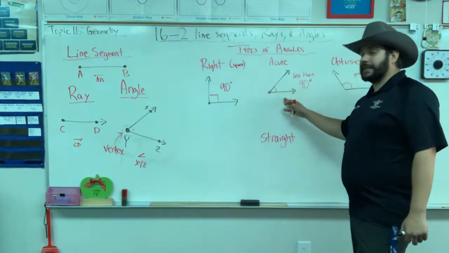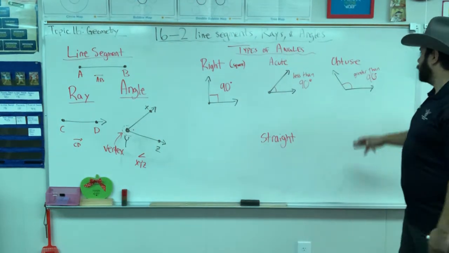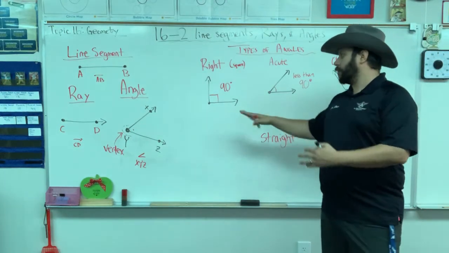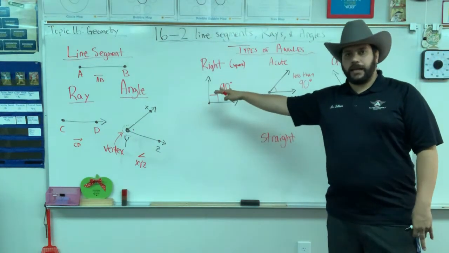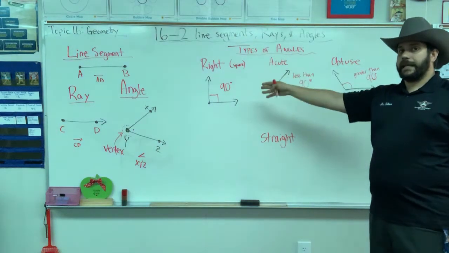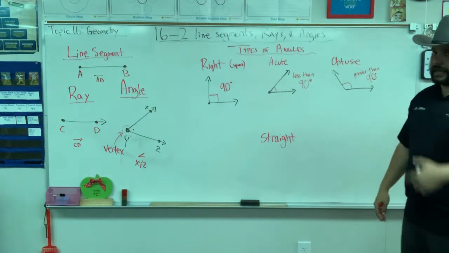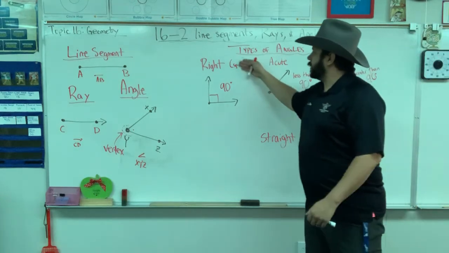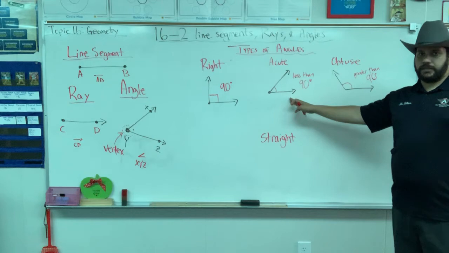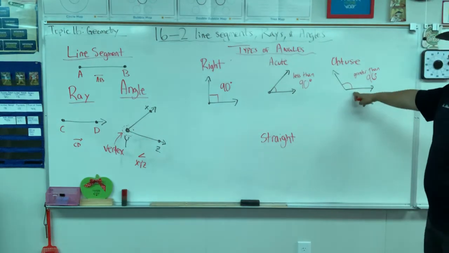This could be 89 degrees, that's still less than 90. This could be 91 degrees, that's still greater than 90, which brings me back to that point I made. If it's not exactly 90, it's not a right angle. So we've got our right angle at 90 degrees, our acute angle at less than 90 degrees, and our obtuse angle as greater than 90 degrees.